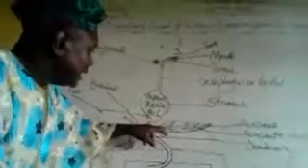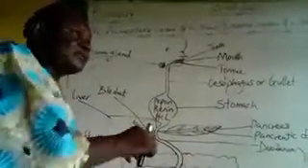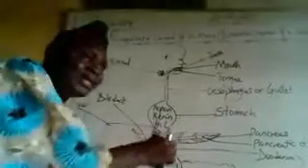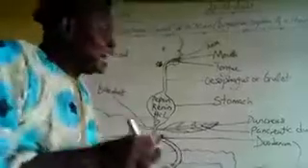In the duodenum, the food has been converted into a liquid form called chyle.